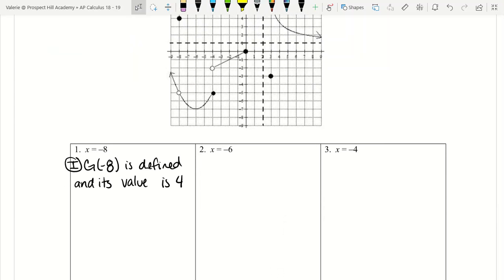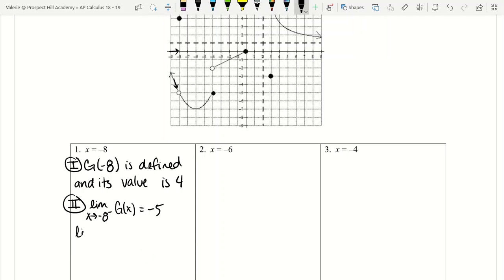Alright, so the second part of the definition that we need to check is the limit from the left and the limit from the right, to make sure that the limit exists. The limit as x approaches -8 from the left of g of x is equal to -5.